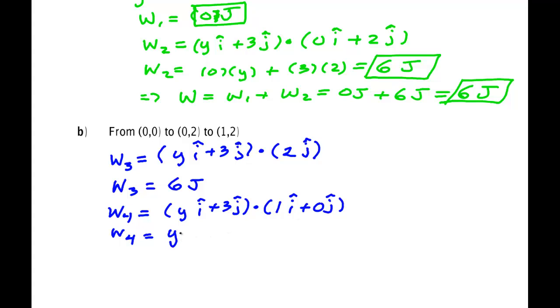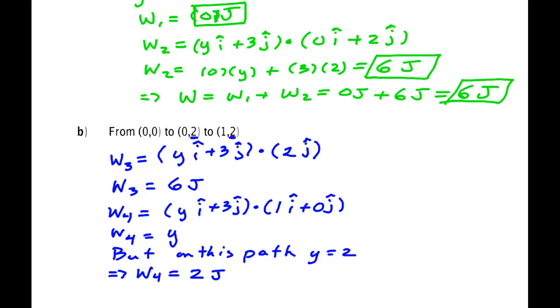So that's just y. But on this path, which is from here to there, y has a constant value of 2. So therefore, W4 is equal to 2 joules of energy.